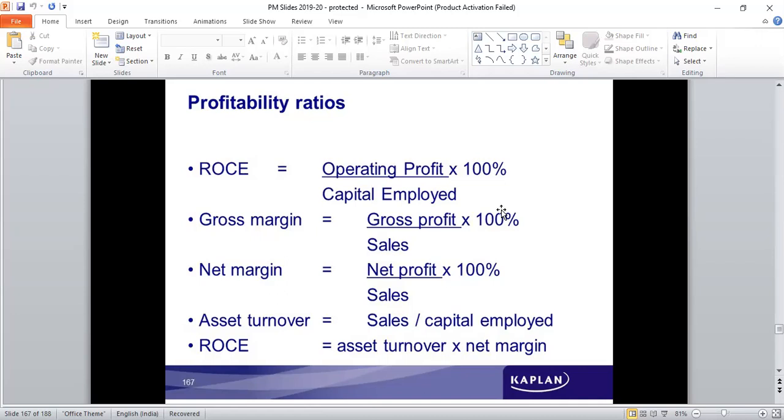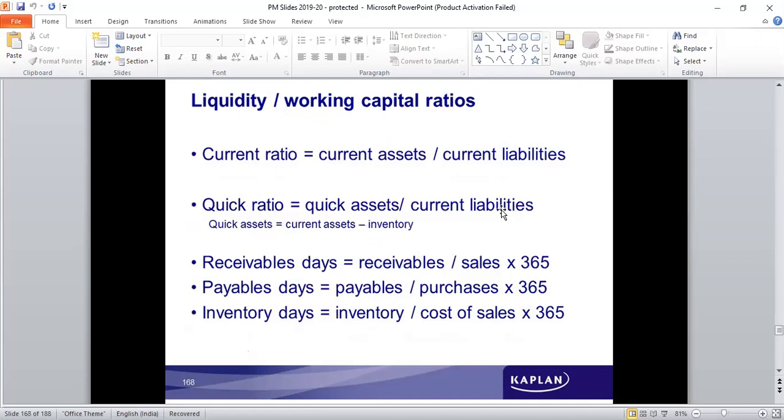Here, in this particular material under Kaplan, the first category is profitability ratios. The second one is liquidity ratios.